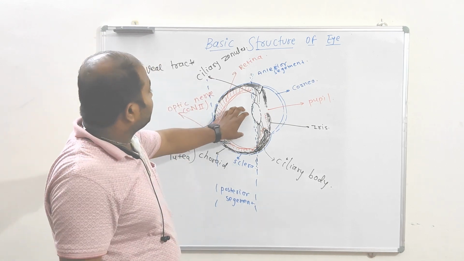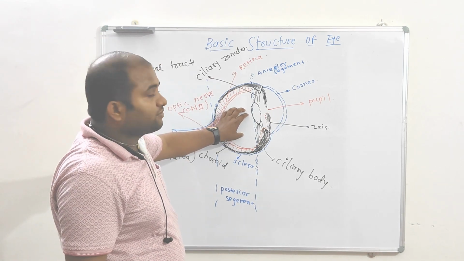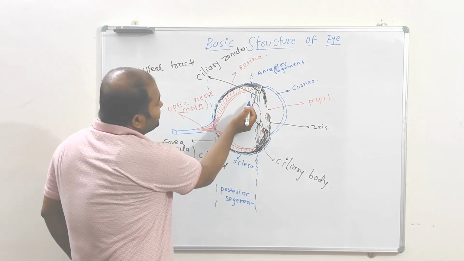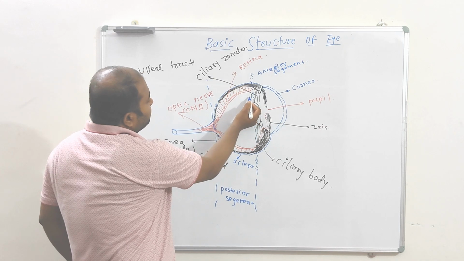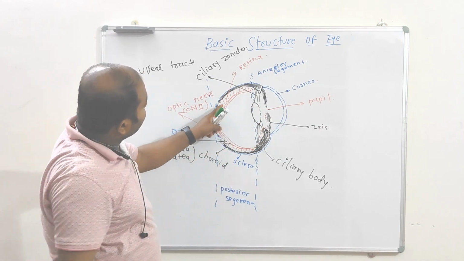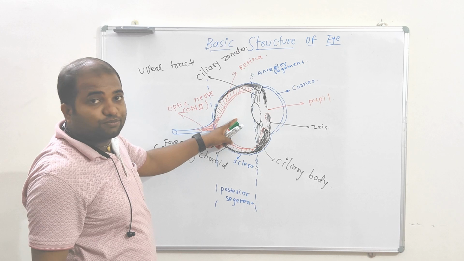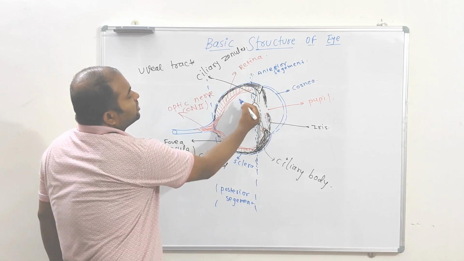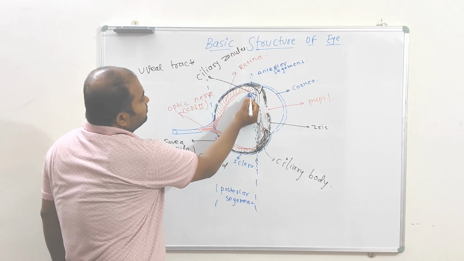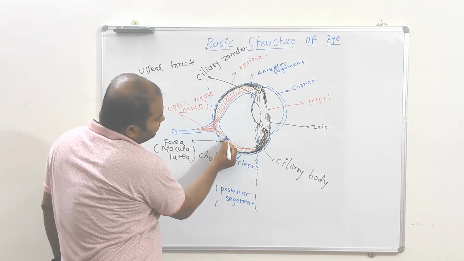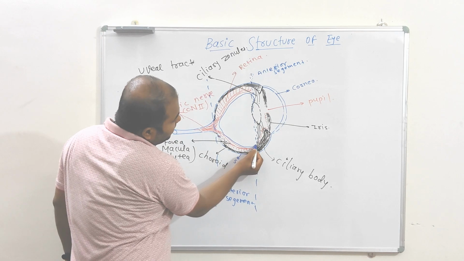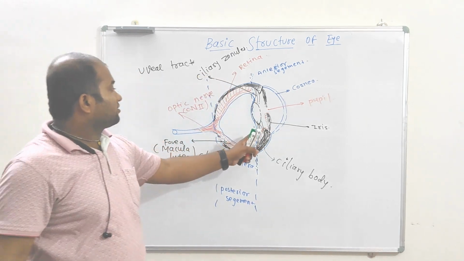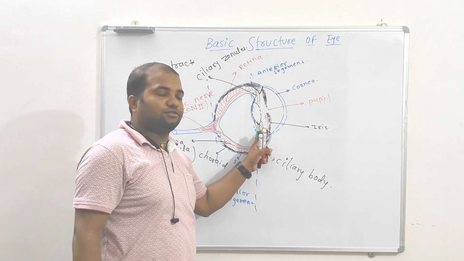Now I will move to the last outline, that is the chambers of the eyeball. There is a space present inner to the retina and just posterior to the ciliary zonules and lens. So I will draw this space. This space is inner to the retina and posterior to the lens and suspensory ligament, or ciliary zonules.